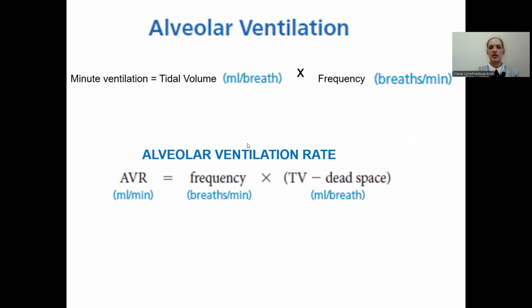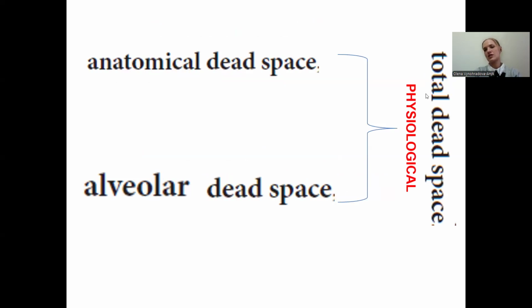For alveolar ventilation rate, we calculate the frequency of respiration again, but from tidal volume we should subtract the volume of dead space. Usually, physiological dead space for an adult person we calculate as 150 milliliters.